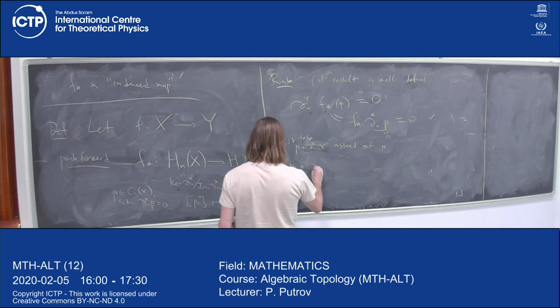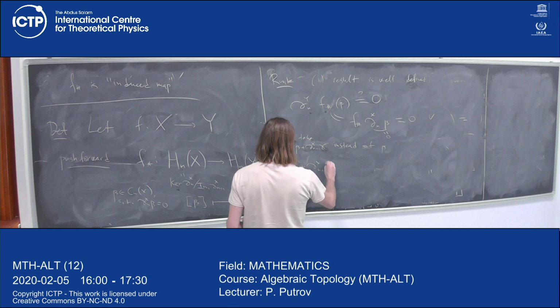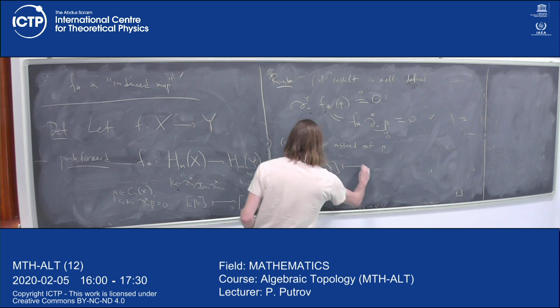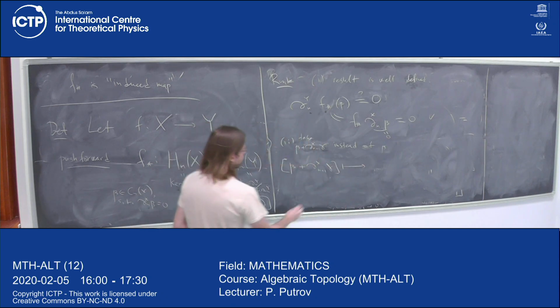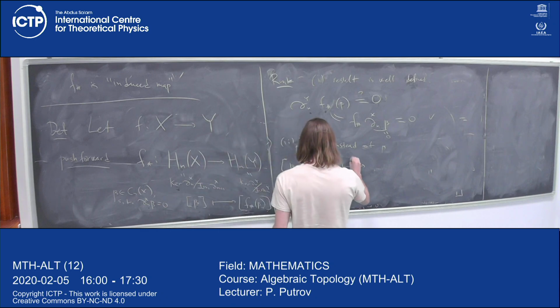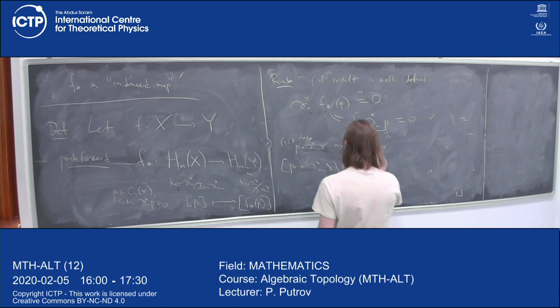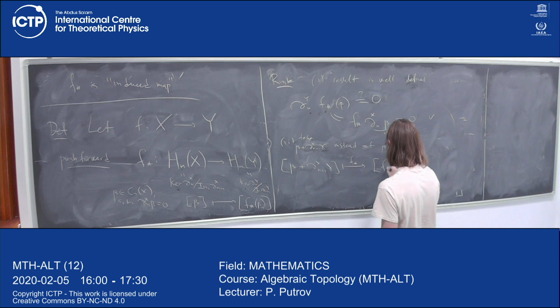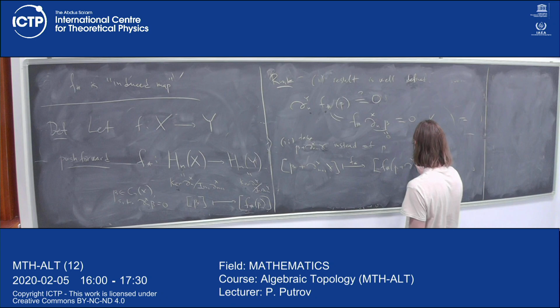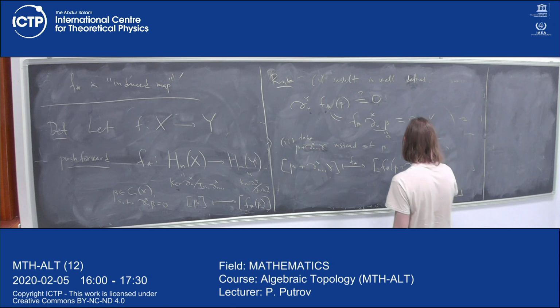If I use this formula, this gives me the class of F sharp acting on beta plus d_{n+1} gamma.